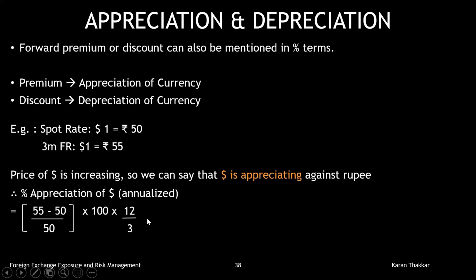That's why you multiply by 12 and divide by 3, the period of months, to annualize. Upon solving, you should get 40 percent per annum, and this is the appreciation. I have taken a one-way quote over here because even if you have a two-way quote, you need to do the calculation separately for bid rate and ask rate, so nothing changes major as such.